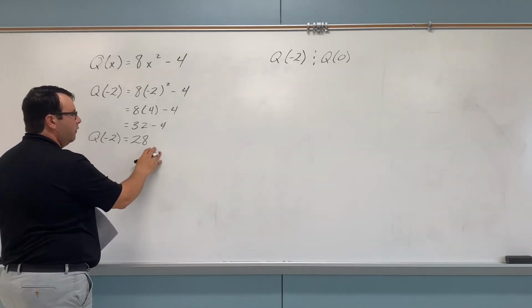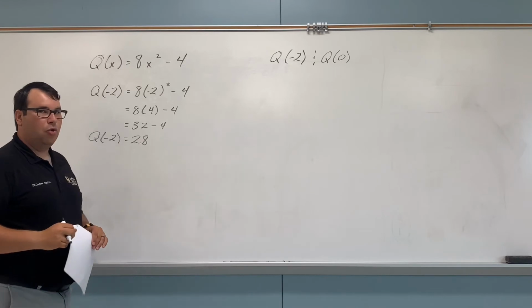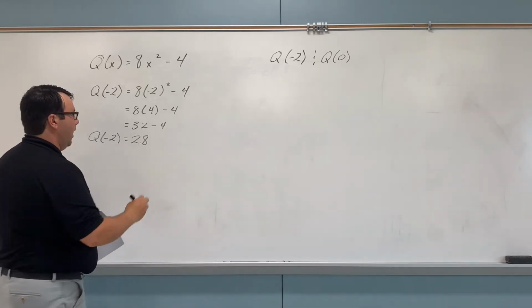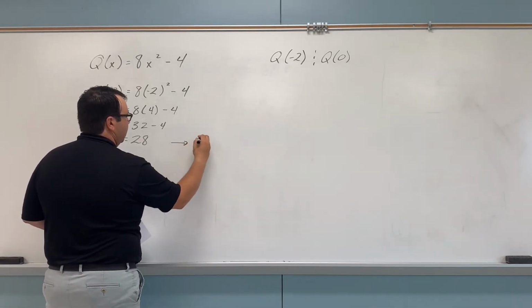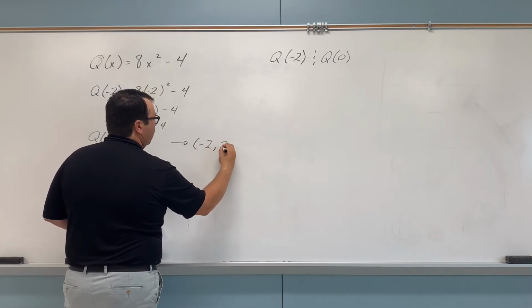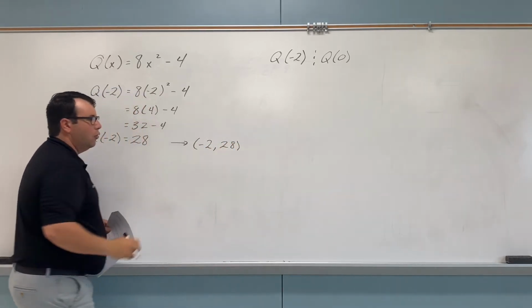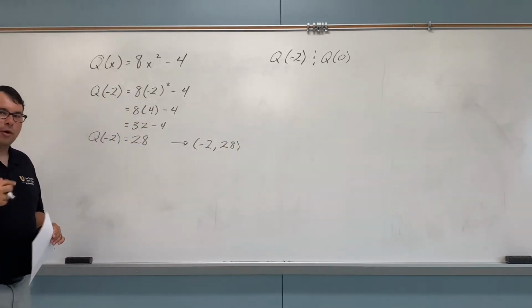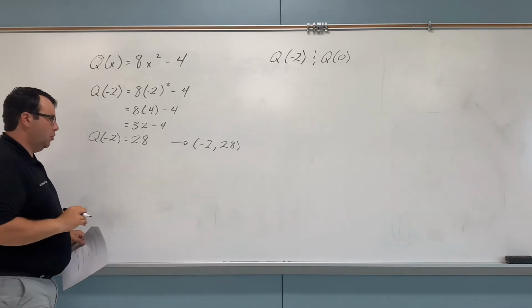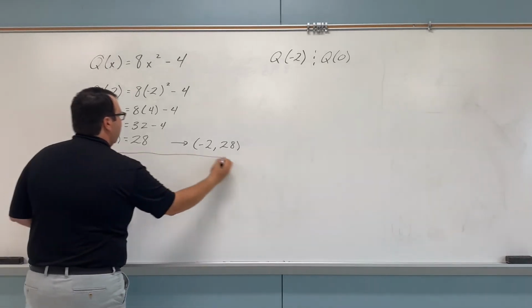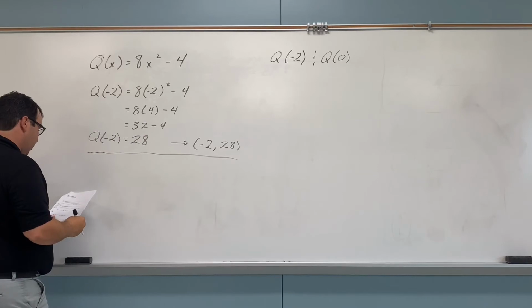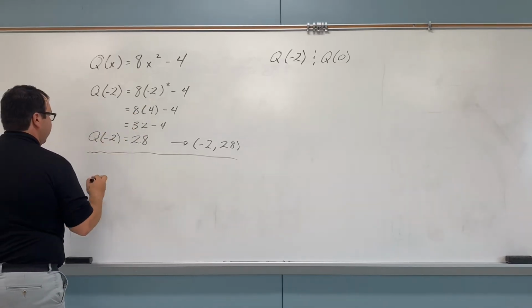Remember, this can also be translated into a coordinate value if you were to graph. Just to give you an idea, this would be -2, 28 as a coordinate value if you were to graph this polynomial. All right, let's try one more, that q of 0.